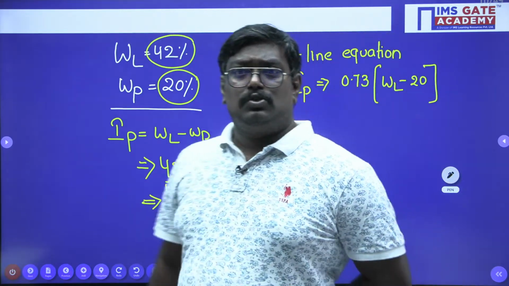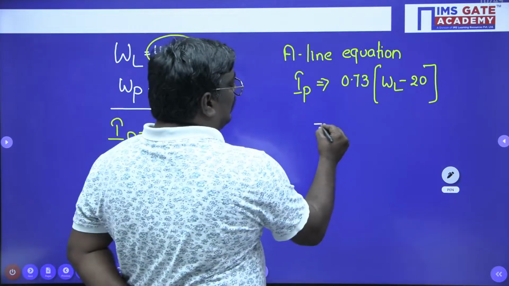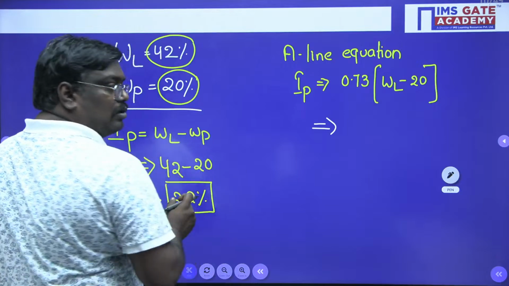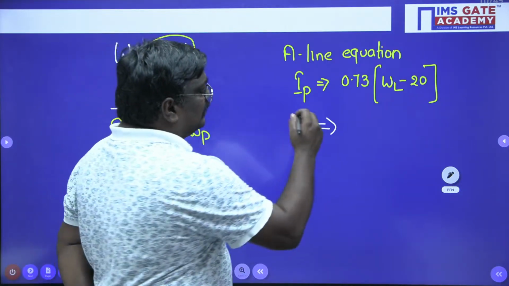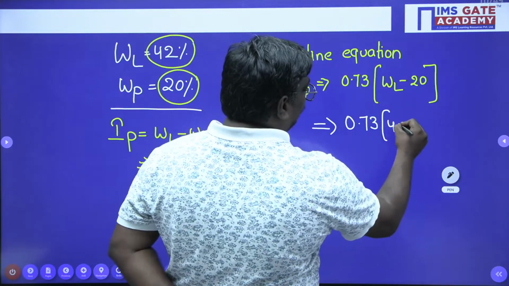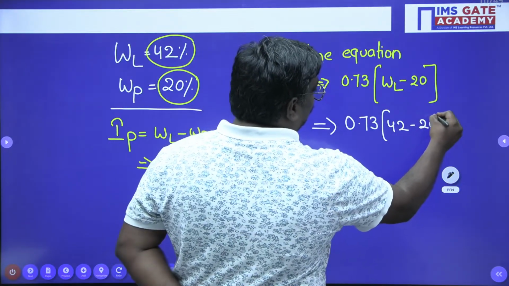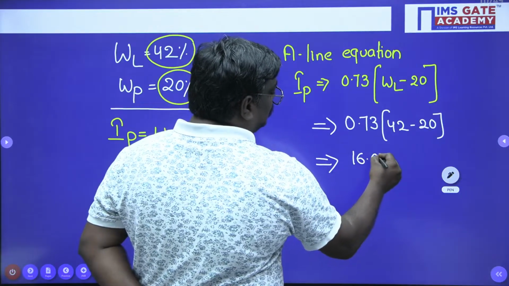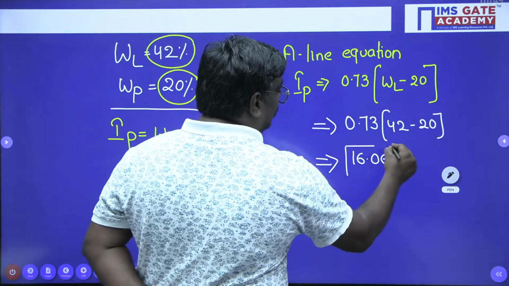So here, my dear students, the liquid limit is 42, and if you solve this, you will get a value of 16.06, which we have done in the earlier problem.